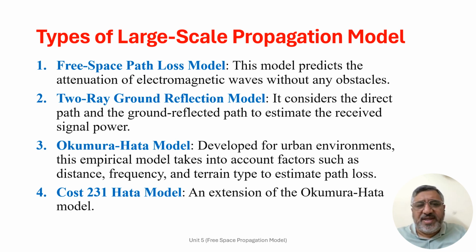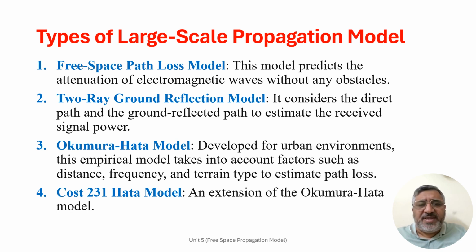Similarly, the two-ray ground reflection model. In this model, the transmitted signal travels along two paths. One is the direct path and another is the ground-reflected path. Consider the direct path and the ground-reflected path to estimate the received signal power.